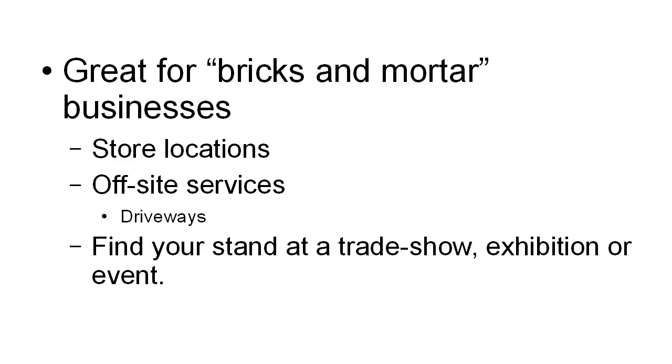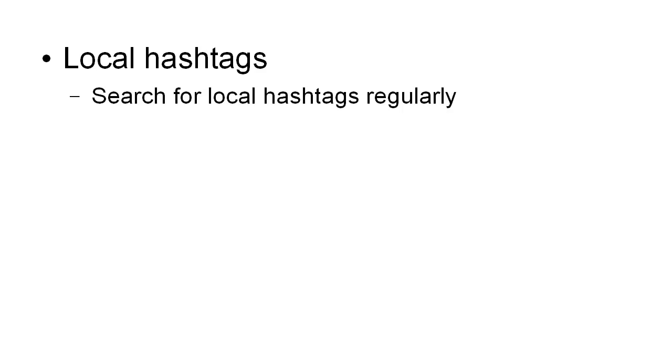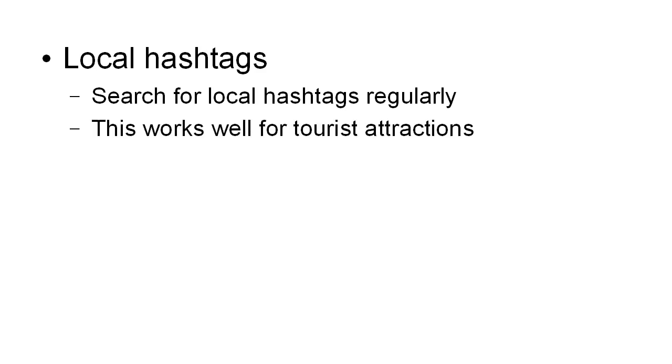You can also use local hashtags on Instagram, and this can be very powerful. And what you should do is search for local hashtags regularly, and be sure to add your photos to that particular hashtag. And this works well for tourist attractions as well as places like restaurants and retail stores and that sort of thing.